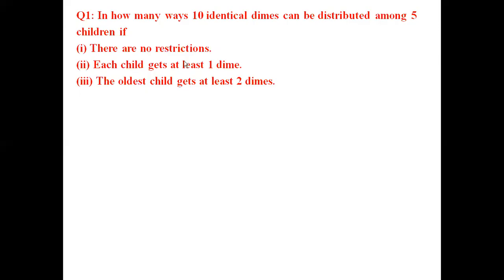When we say at least 2 dimes and so on, we'll be distributing to the children repeatedly, so there arises the combination with repetition. In case 2, first, according to the condition, we give 1 dime to each child, and later we repeatedly distribute the remaining dimes among those 5 children. That is how we are going to deal with the second and third cases. So let us begin with the solution.